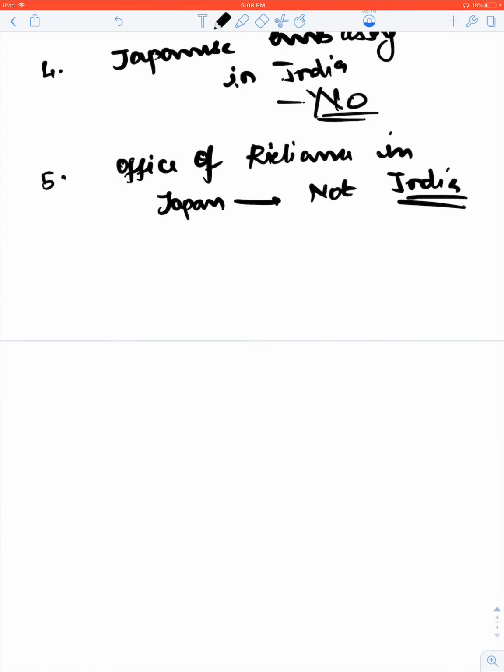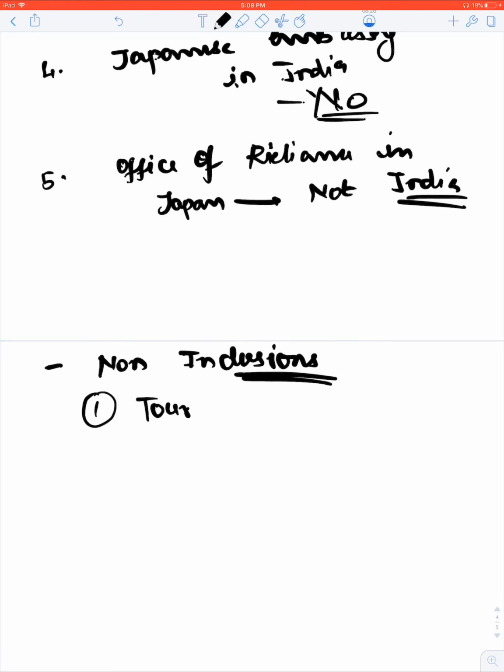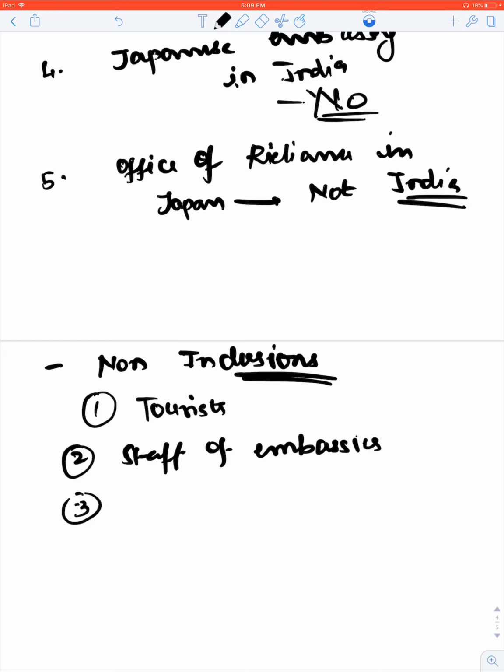Let's look at the non-inclusions. So who are not the normal residents? Firstly, the tourists who visit any country, they are not the normal residents. Staff of embassies, they are not the normal residents of the country they are located within.